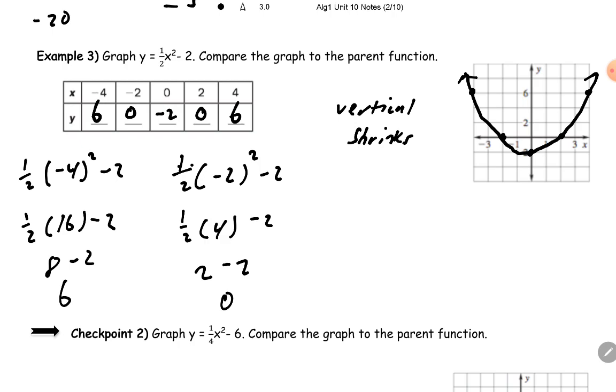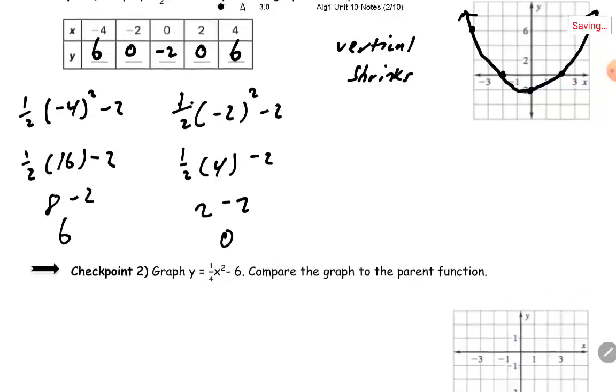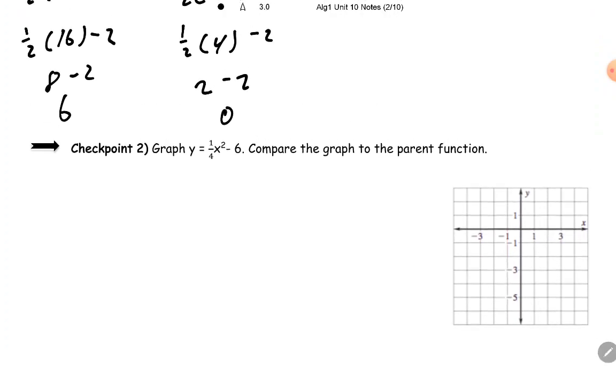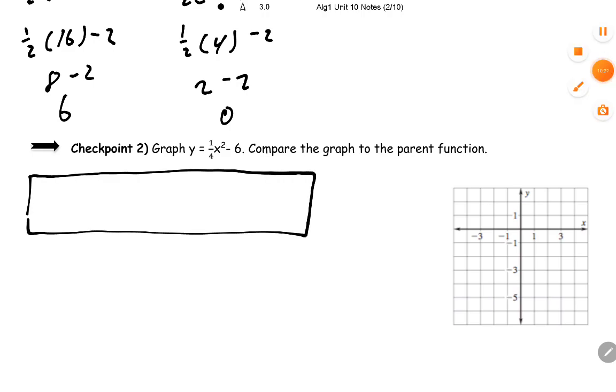But if it's wide, it's a vertical shrink. And according to the parent function, this opens upward, so we're good. Checkpoint 2. Graph. Okay, here we go. So I'm making x and y, making my table.